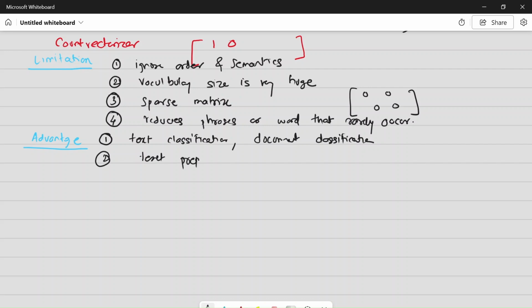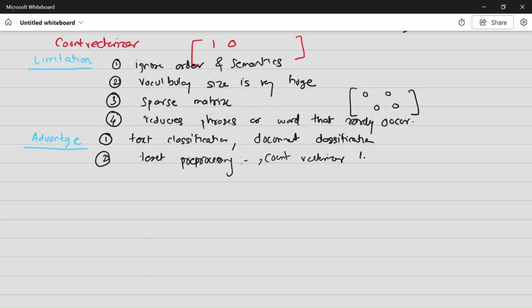If you apply some text processing, like in our notebook, there are many stop words available, and many cases, a combination of lowercase and uppercase, both. So if we apply some text processing before the count vectorizer, then this count vectorizer works best.